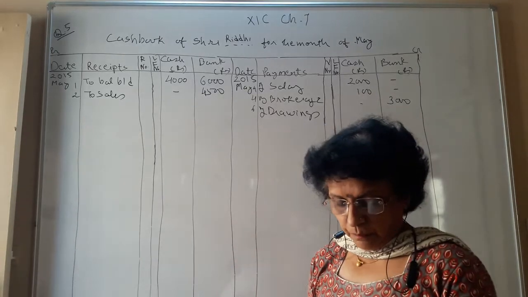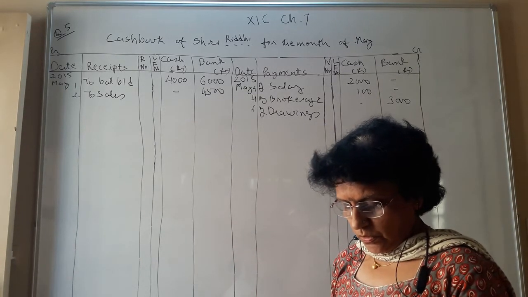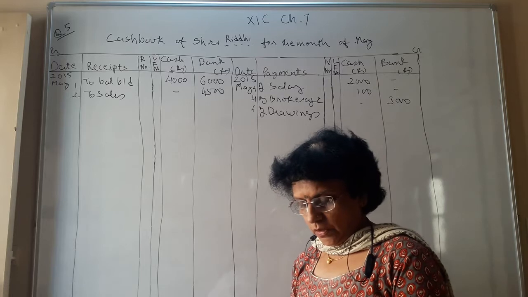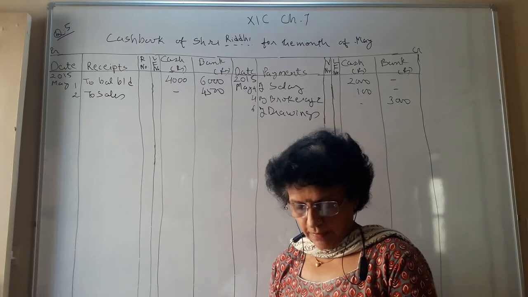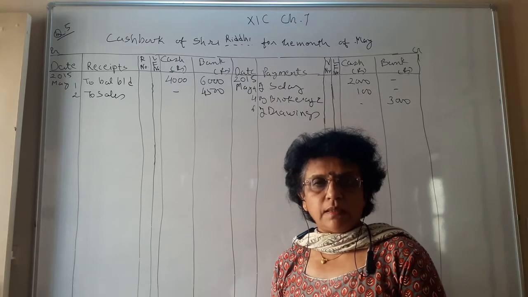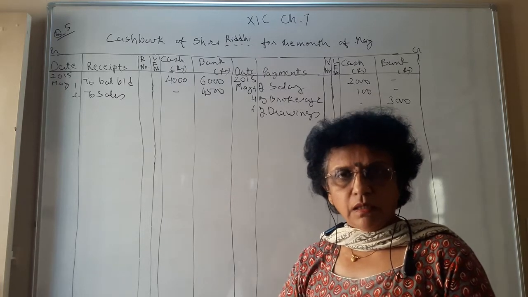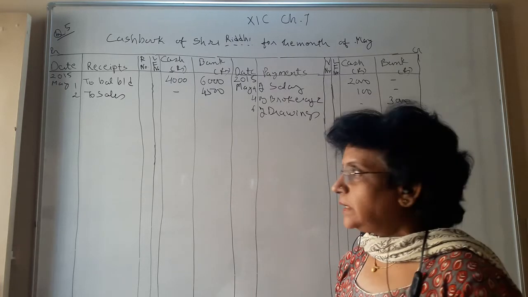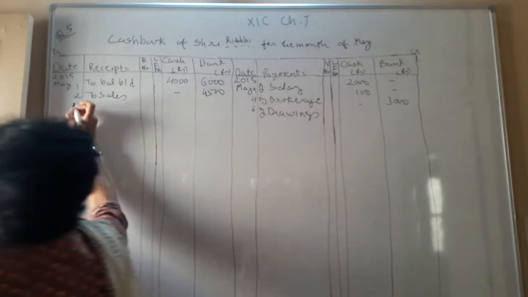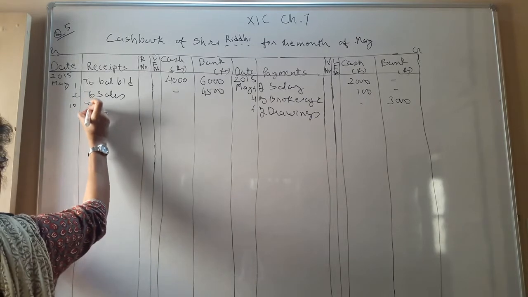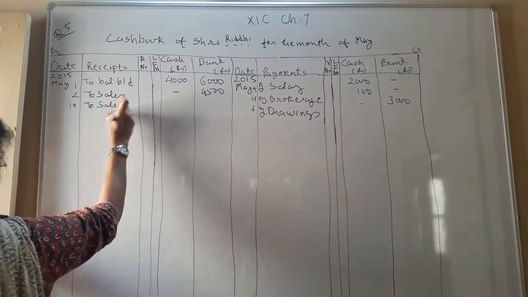On the 10th, goods of 6,000 sold to Hiren. Hiren paid 4,000 by cash and the remaining amount is paid by check, which is deposited in the bank. So again the total payment is received. It is a transaction to be recorded in the cash book on the 10th, that is to sales.